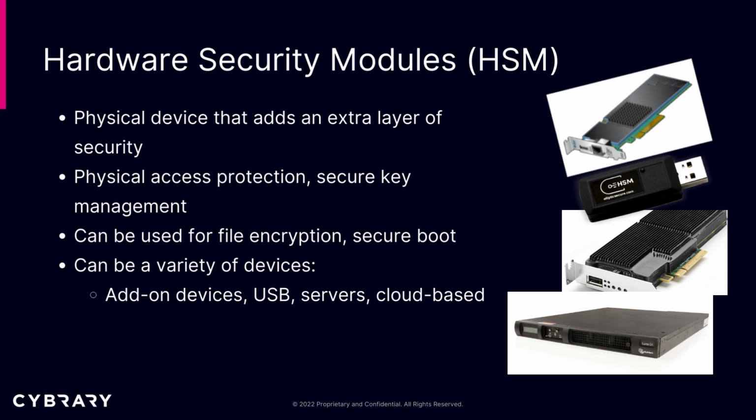It can be an add-on card, a USB device, or a server across the network or in the cloud. The hardware security module will connect and contact your computer to provide authentication before that computer boots or for file encryption. So it's a hardware-based, separate type of authentication or security layer.